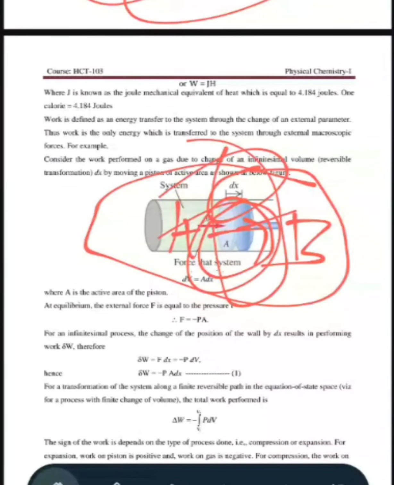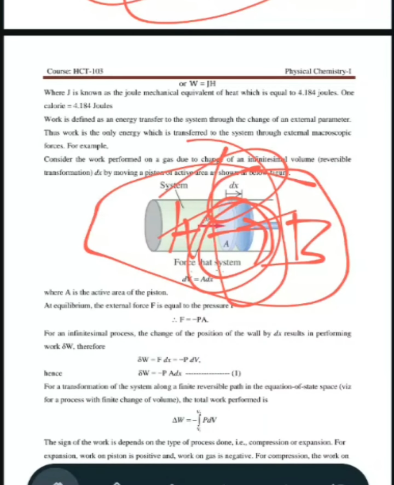So A is the active area of the piston, P is the pressure and F is denoted as force. Here dV is equal to A dx. dV is the change in volume and A dx is the reversible transformation.